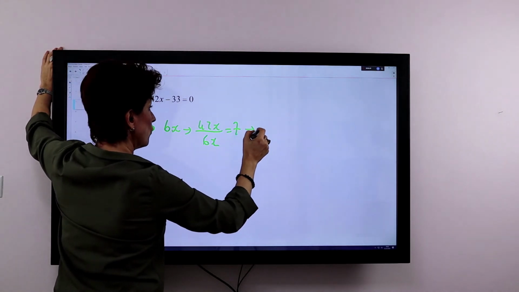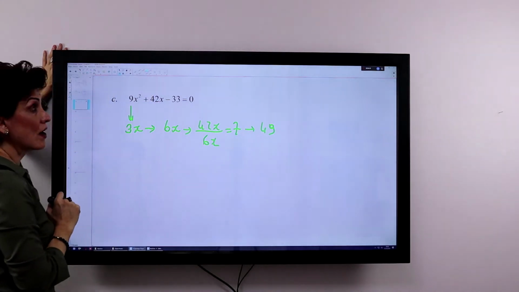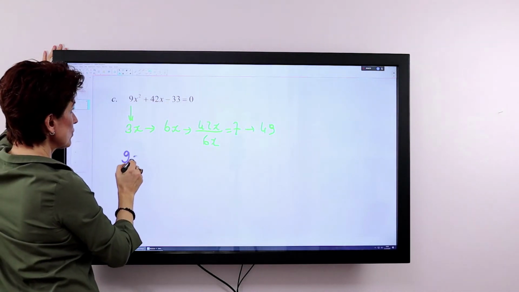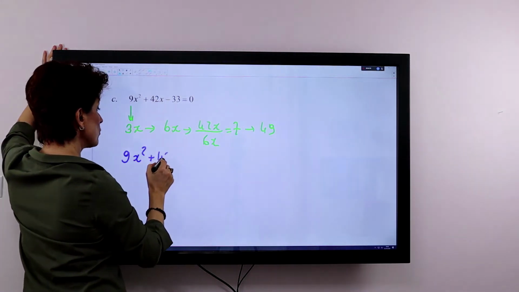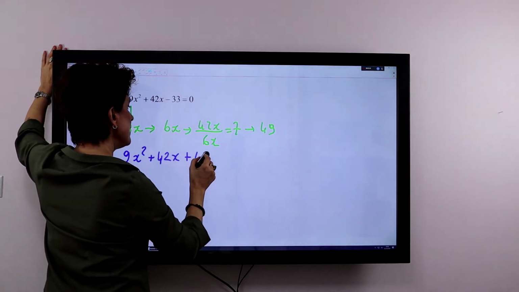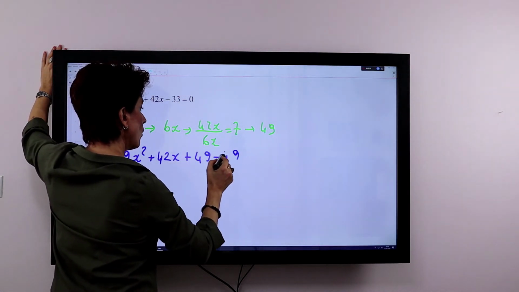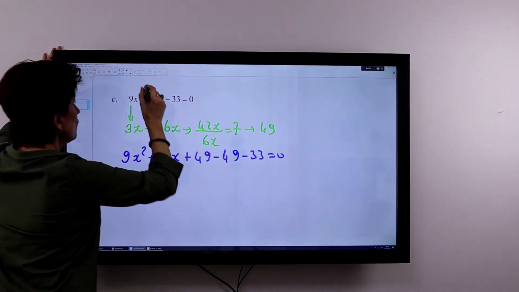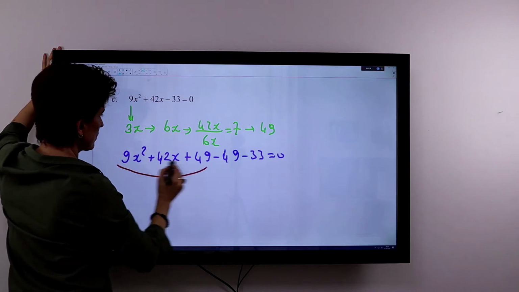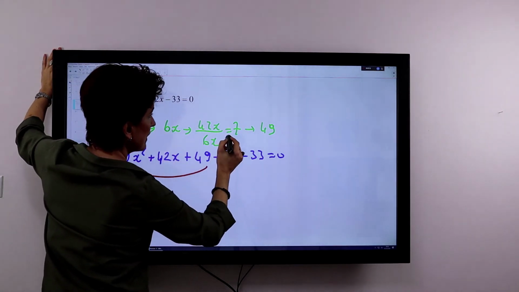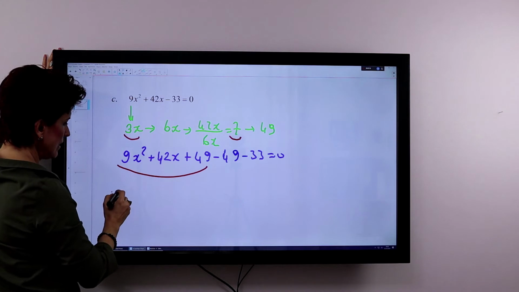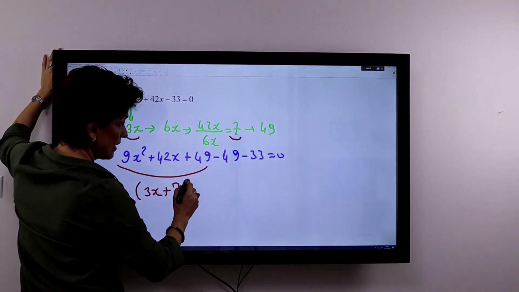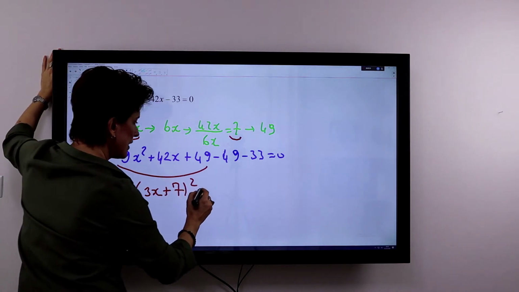What do I need to have? 49, which is 7 squared. I add 49 and, don't forget, subtract 49, negative 33 equals 0. The first three terms give (3x plus 7) squared. Here 7 to 82, right? 82.